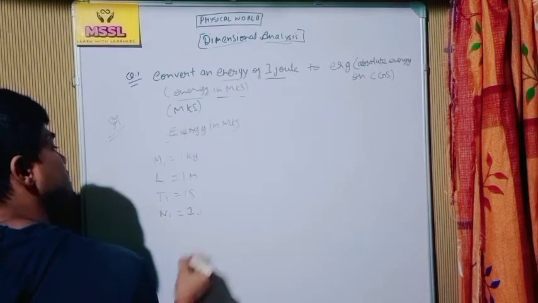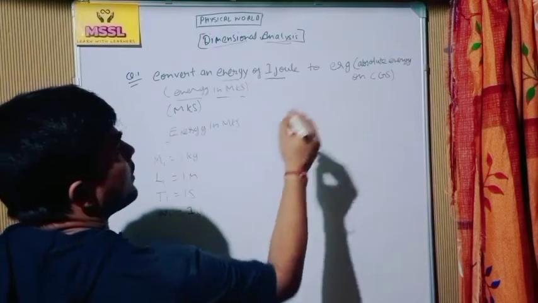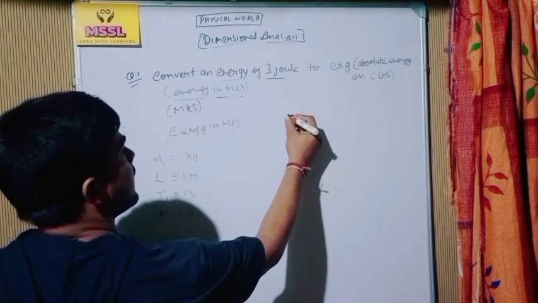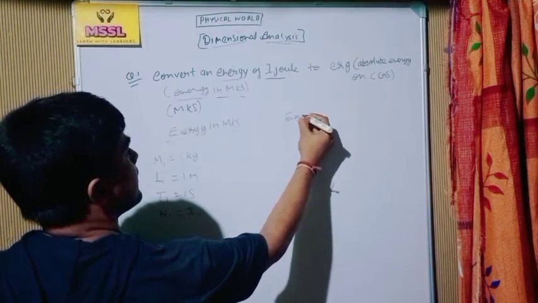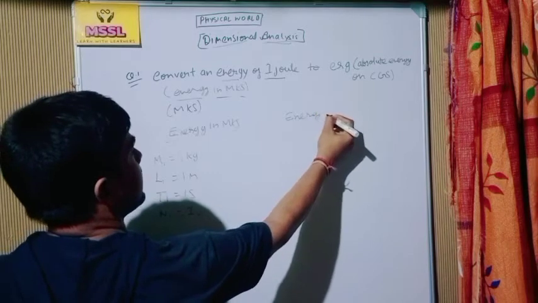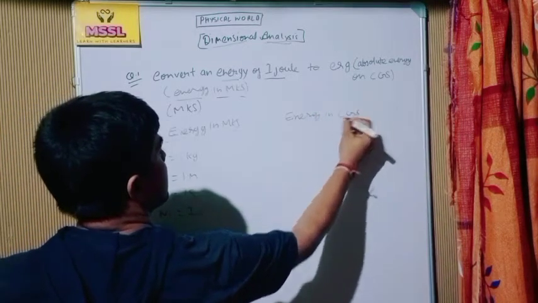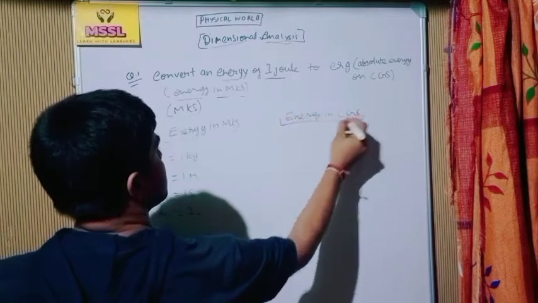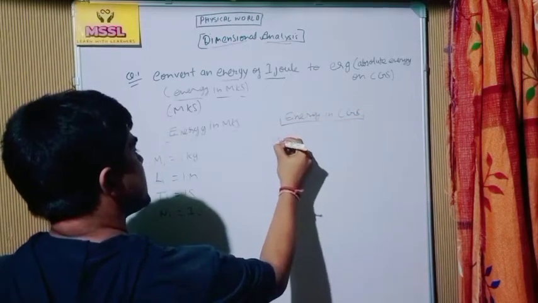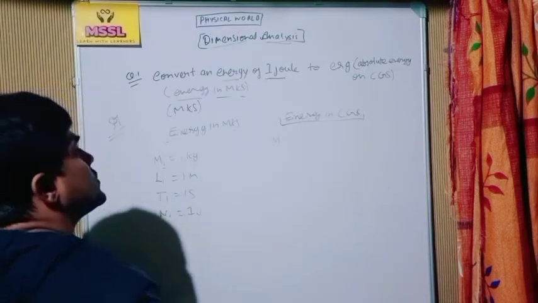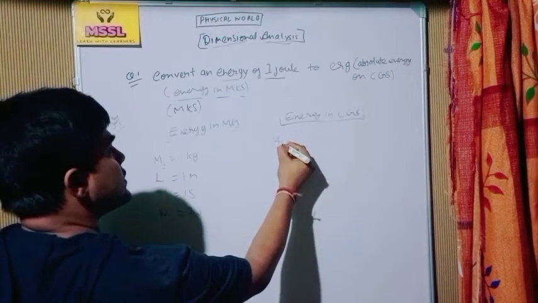If we talk about the absolute energy, erg, so energy in CGS. We have assumed MKS as 1, so we'll assume this as 2.